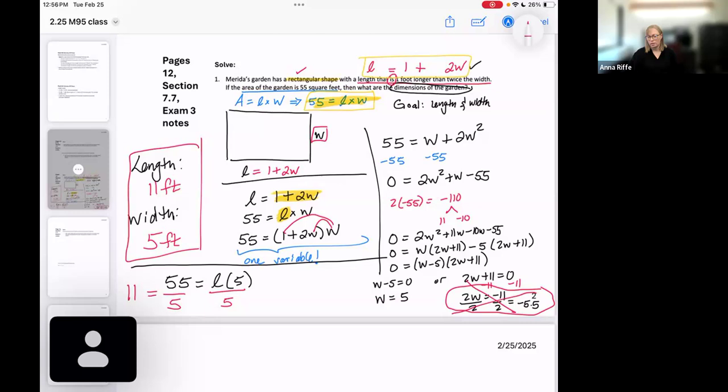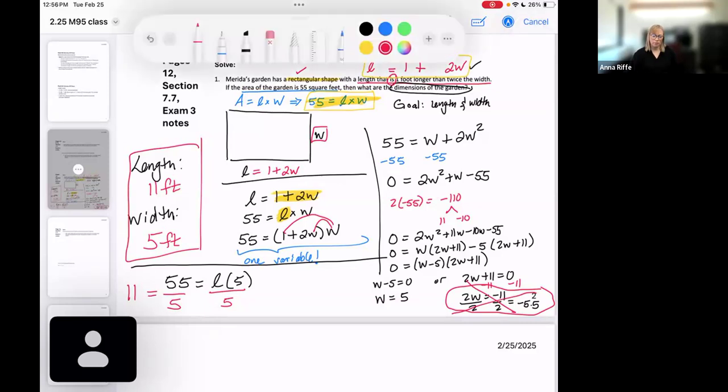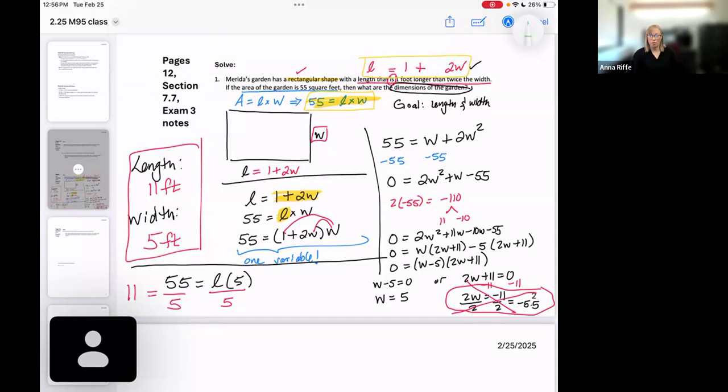Okay. And some of the key elements of this type of problem are knowing some of these keywords that will allow you to set up the relationship between the variables here and here.